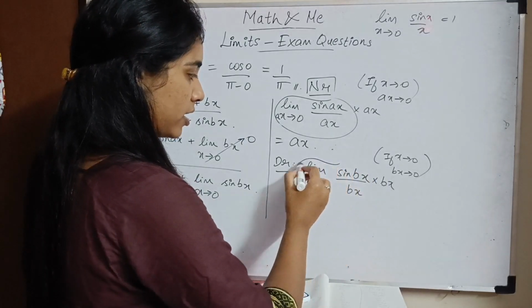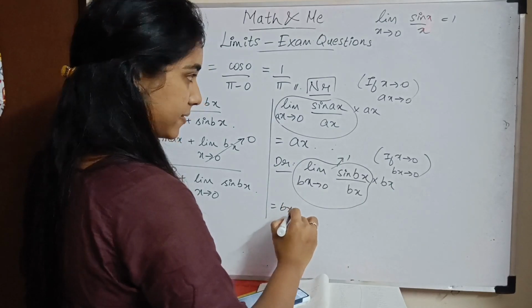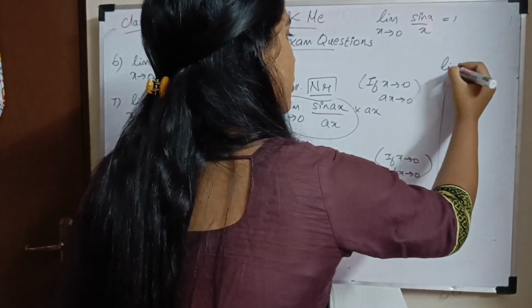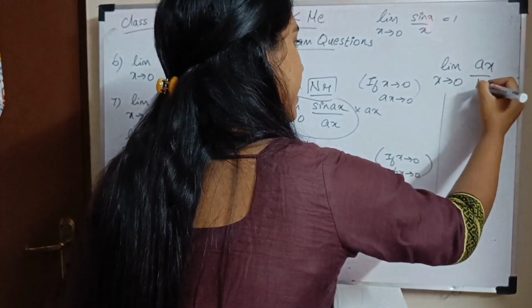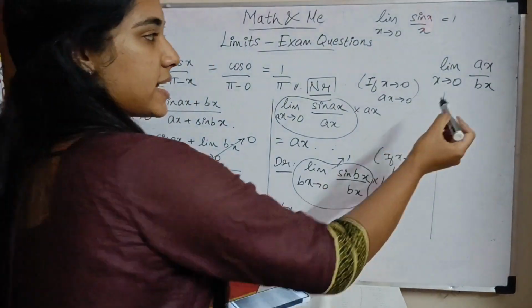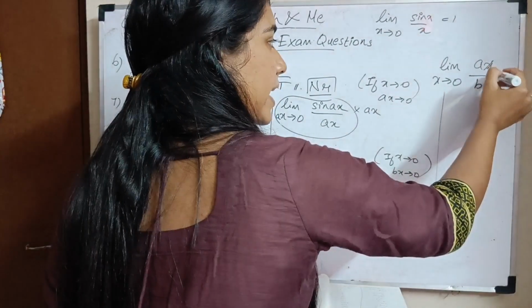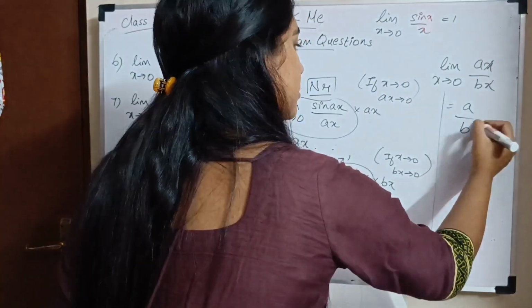This is 1 times bx. Now what is numerator divided by denominator? Don't forget the limit. Limit x tends to 0 of ax by bx. If we substitute x as 0, what will happen? It will become 0 by 0 again. But you can cancel the x's. Correct? So what will it become? It will be a by b. Okay?